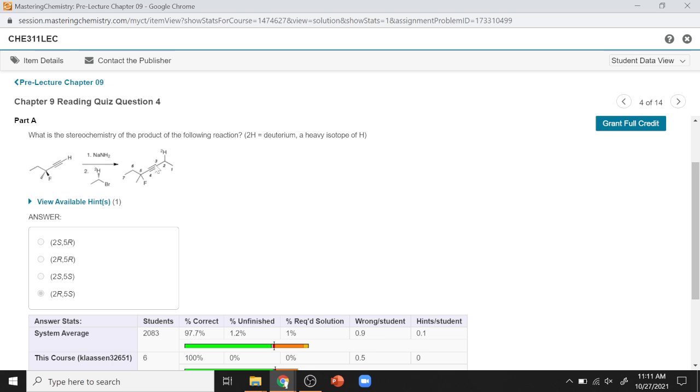I have a funny feeling a lot of you are still a little bit confused about what's going on with the product. How you figure out the geometry of this product is you actually have to look at this. If you think about the geometry of this group right here, which is that carbon, this is really kind of an SN2 reaction, isn't it? Remember the SN2s?